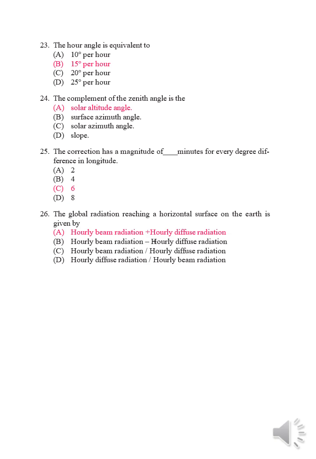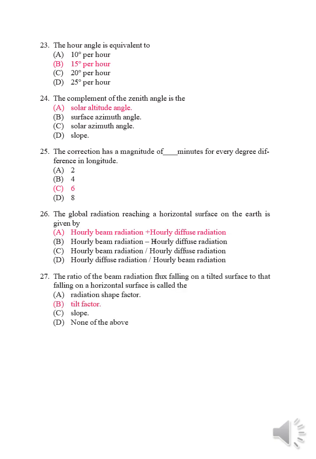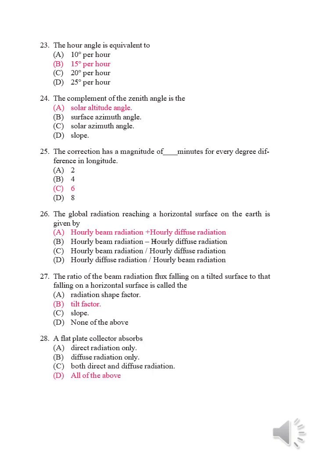The global radiation reaching a horizontal surface on the earth is given by beam radiation plus hourly diffuse radiation. The ratio of beam radiation flux falling onto a tilted surface to that falling on the horizontal surface is called the tilt factor.